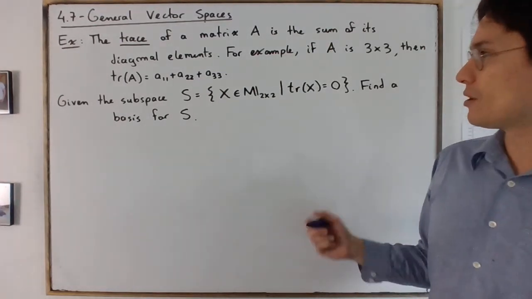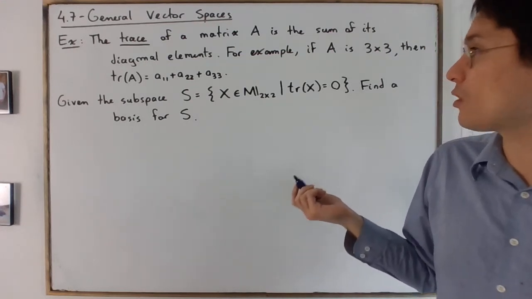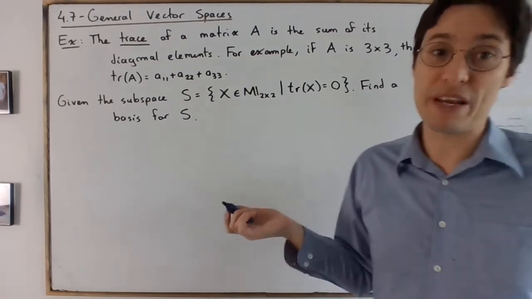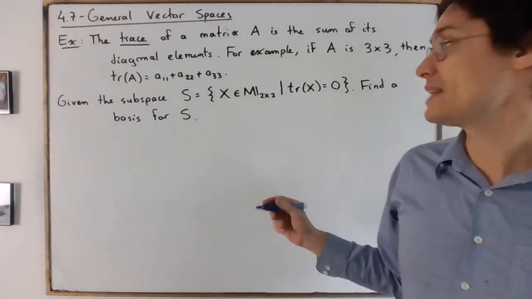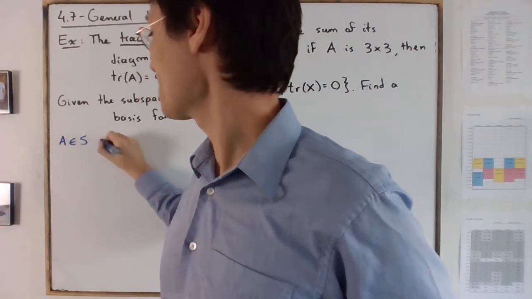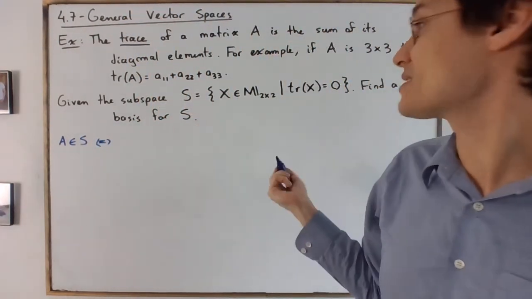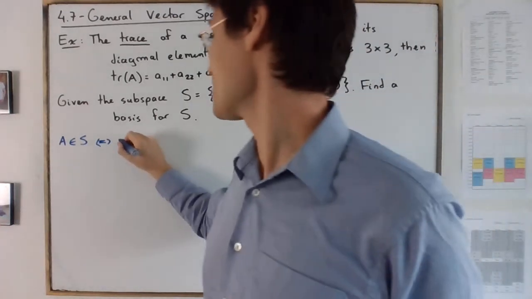Okay? So the way it works is, as usual, you're going to write a condition for a matrix A to be in S. So A is in S if and only if the trace of A is equal to 0.